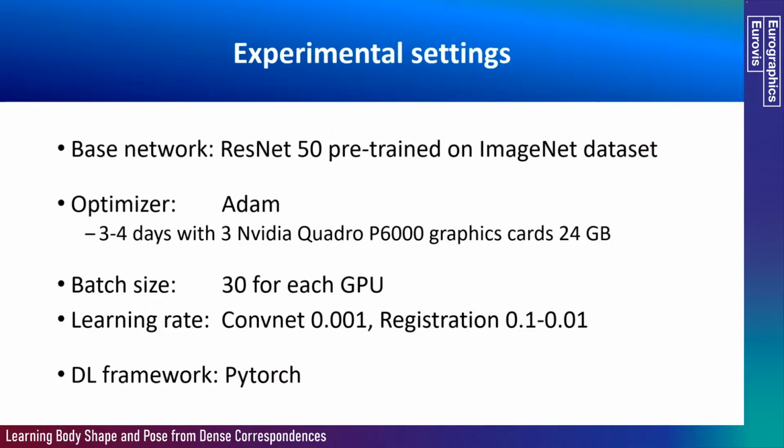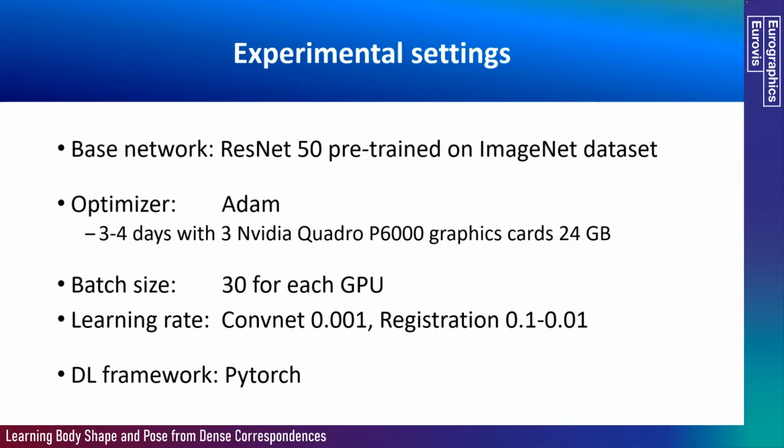To validate our learning framework, we made experiments with these settings. For the base network, we used ResNet 50 pre-trained on ImageNet. The Adam optimizer is used. It took 3 to 4 days with NVIDIA GPUs. Batch size and learning rate are set as follows.